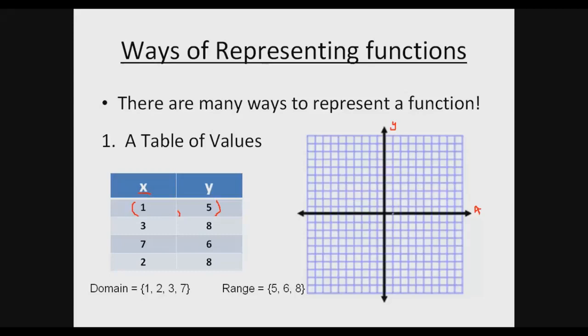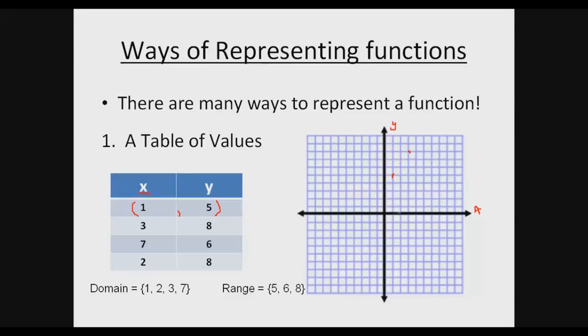We're going over 1, up 5. There's one of my points. I'm going over 3, up 8. There's another point.